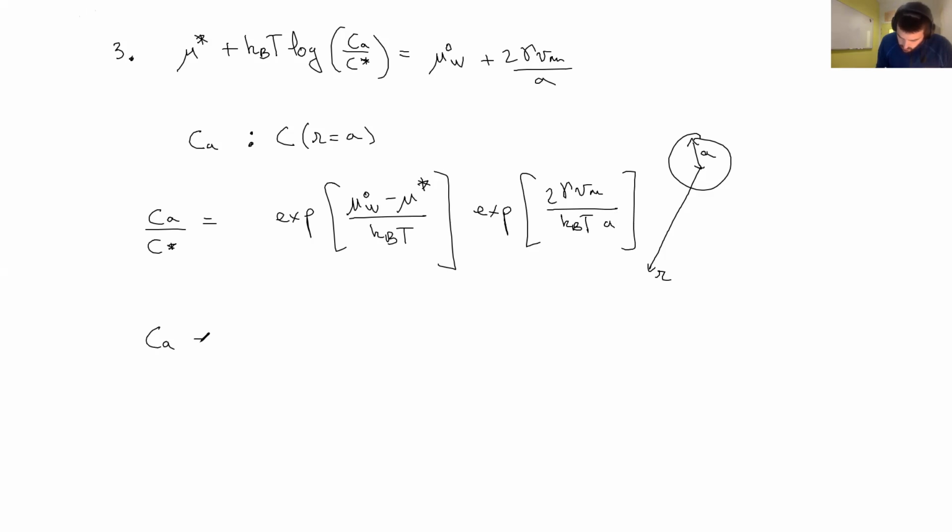Thus, CA is equal to C star here, exponential minus delta mu over KBT, exponential plus 2 gamma Vm over KBTA.